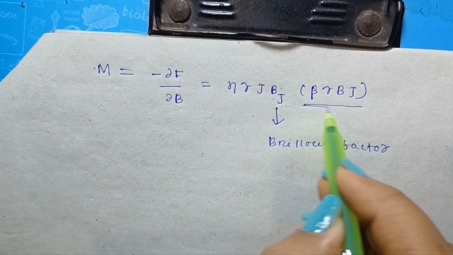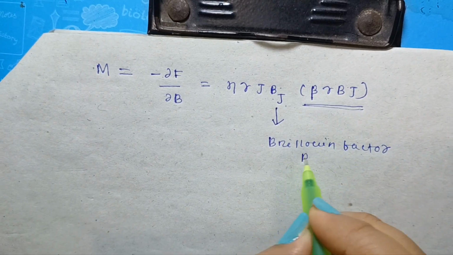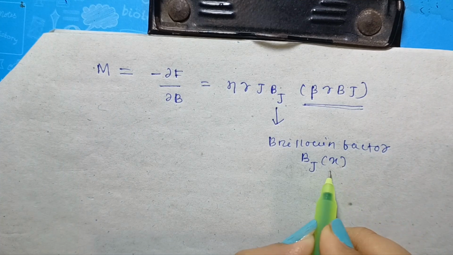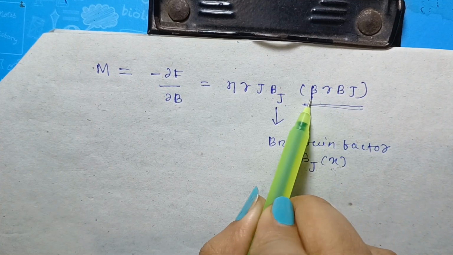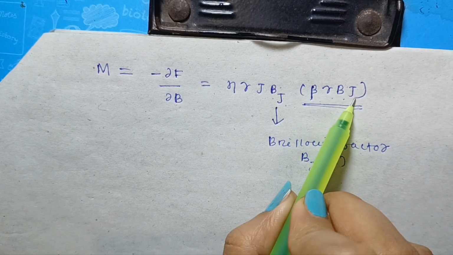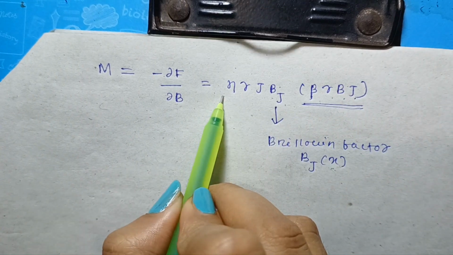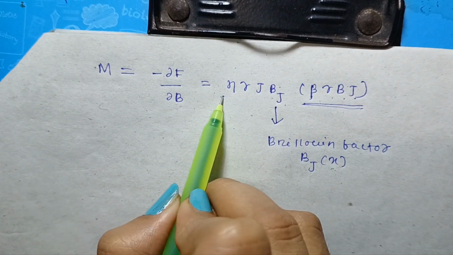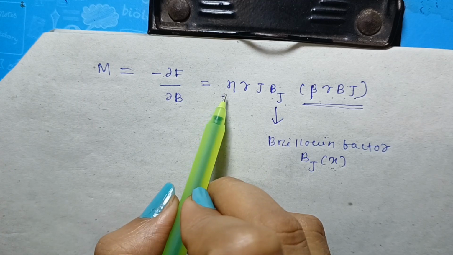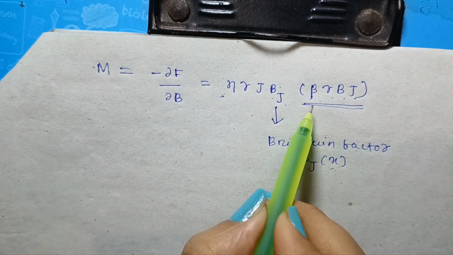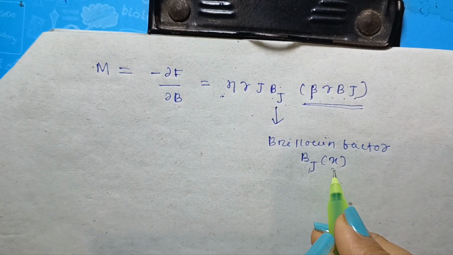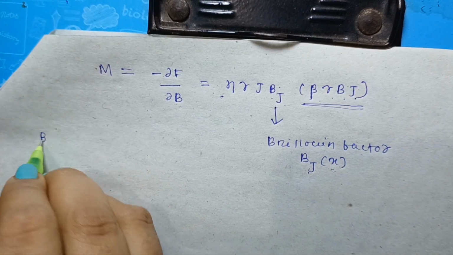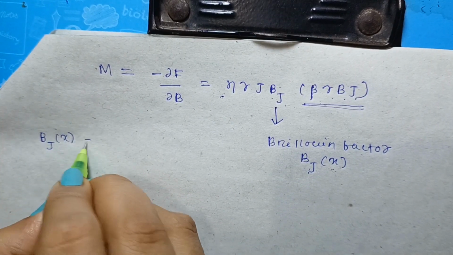This whole thing represents the Brillouin function B_J(x), where x is equal to beta gamma B J, and N is the number of atoms per unit volume. And what is the value of B_J(x)?